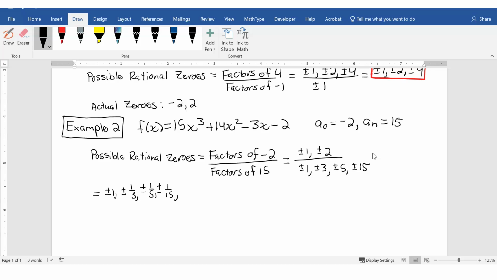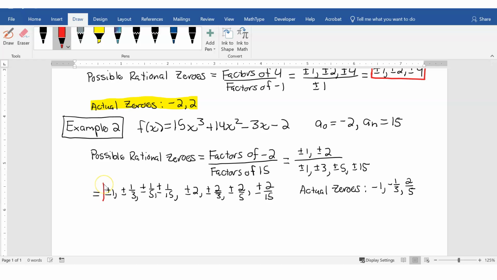And then we'll move to 2. We'll get plus or minus 2, plus or minus 2/3, plus or minus 2/5, and plus or minus 2/15. So these are our possible rational zeros.